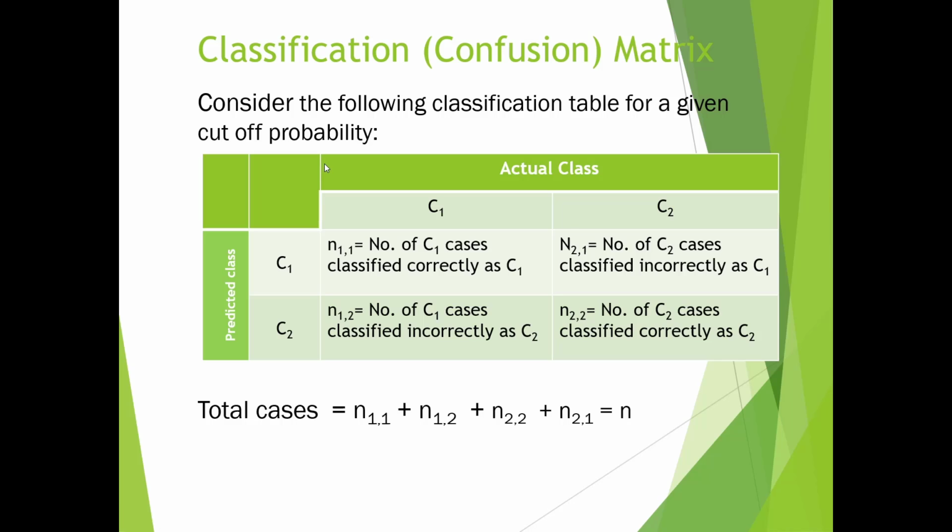If the actual class is C1 and your predicted class is also C1, that means you have predicted correctly, classified correctly as C1. In this case, the class is C2 and you have predicted C1. This is a false positive. So that is a misclassification.